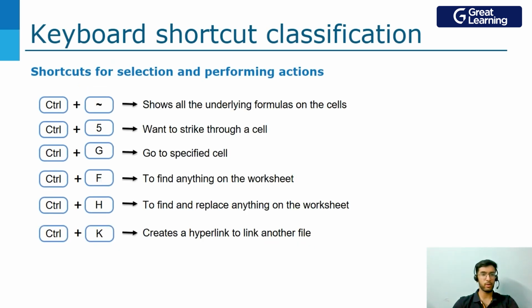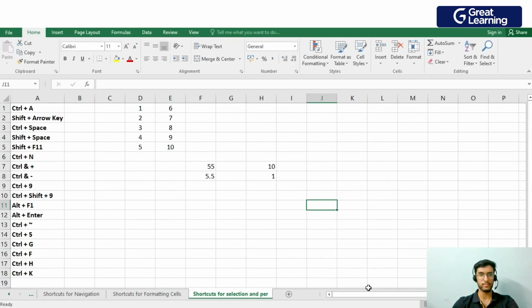And now moving on to the final set of shortcut keys that is used for the selection and performing action. Now, as always before, I have put the theoretical explanations of the role of each shortcut key for your understanding, and I'll be using the same while I explain it practically on the live workbook. Now, let's go ahead and move on to the live workbook.